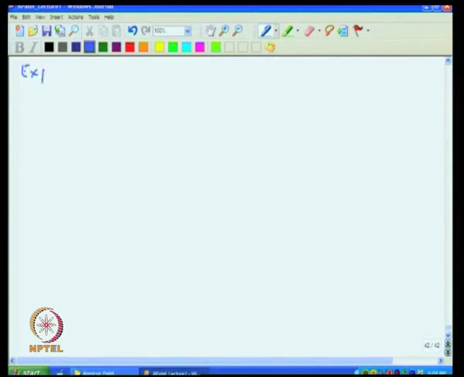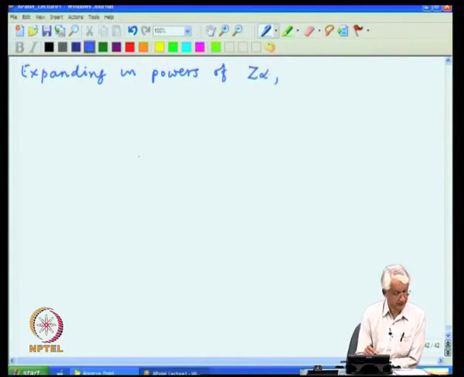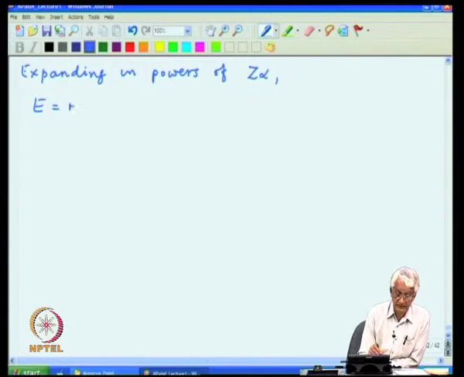So, one is to expand the solution in powers of the fine structure constant to see the explicit effects of various terms, and then we have the structure.